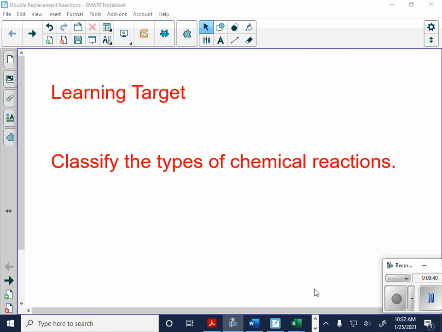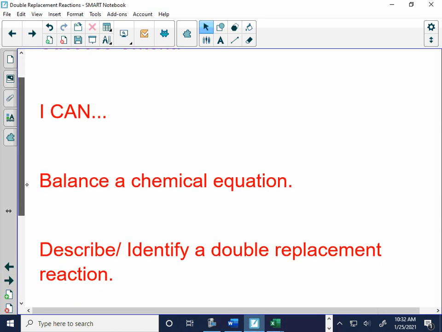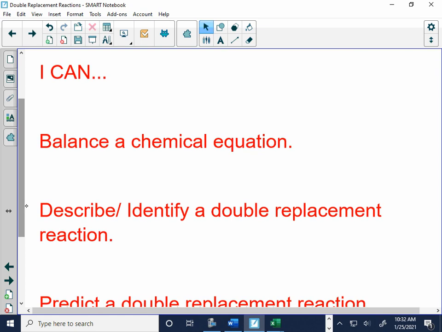Now, in order to be able to do that, we need to be able to do the following success criteria. Number one, I can balance a chemical equation. Number two, I can describe / identify a double replacement reaction.